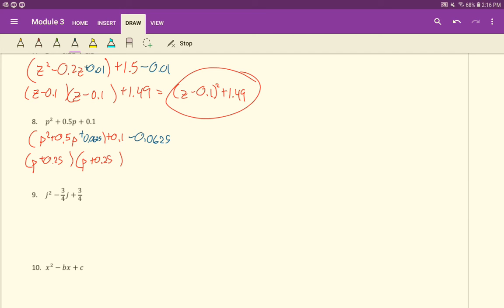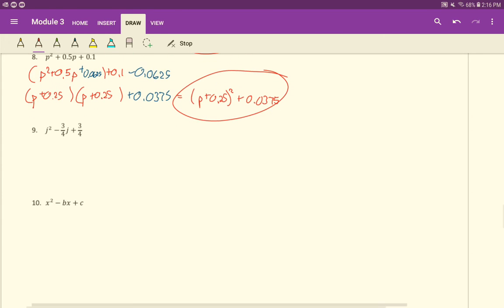So 0.1 minus 0.0625 gives us 0.0375. And so our answer here will be p plus 0.25 squared plus 0.0375. Okay, all right, 9 and 10, last two here.